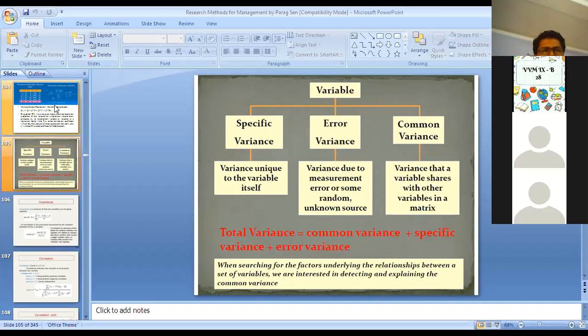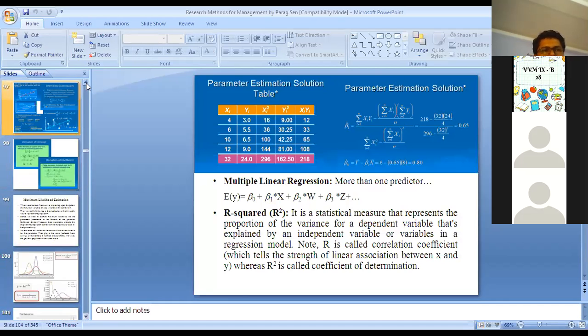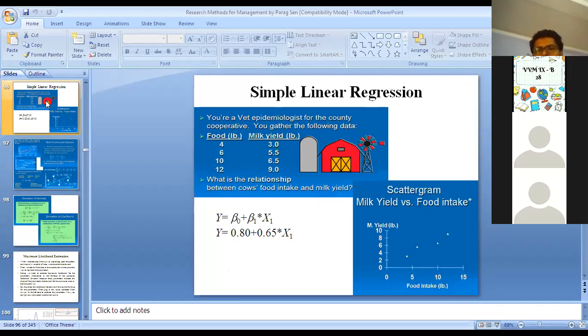Let me explain this. Suppose you think about this earlier data. You can very easily calculate the variance of the y variable. There are 4 samples you have taken for y, so you can calculate the mean: 3 plus 5.5 plus 6.5 plus 9, divided by 4.